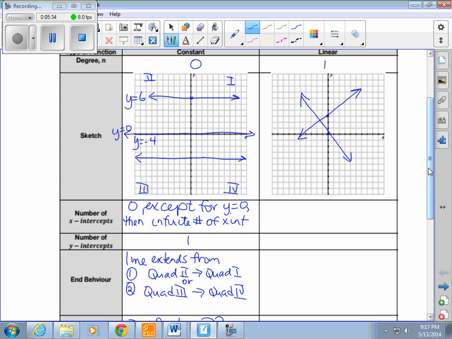So the number of x-intercepts, it'll always have one x-intercept. The number of y-intercepts is also 1.